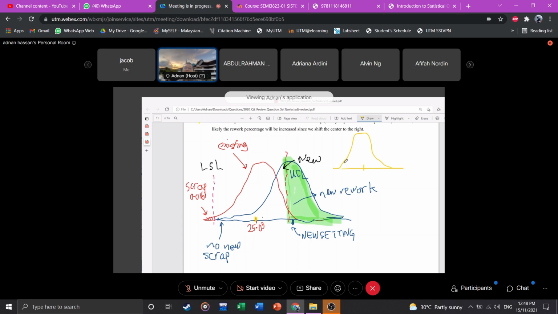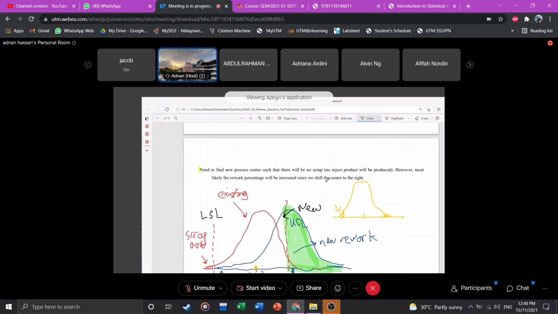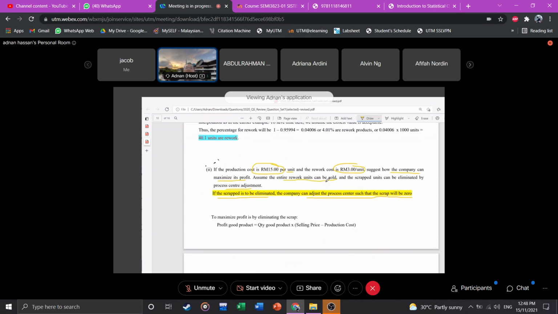Because this part is smaller, you need to scrap it. This part you can rework. So how can we eliminate the scrap? The scrap unit will be eliminated by process center adjustment. How can you eliminate the scrap?